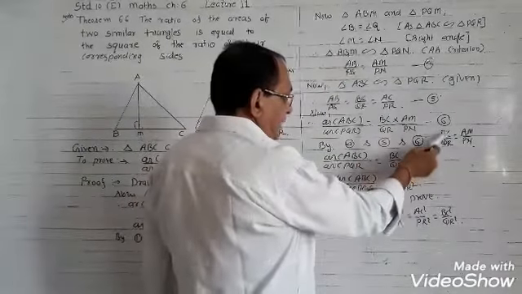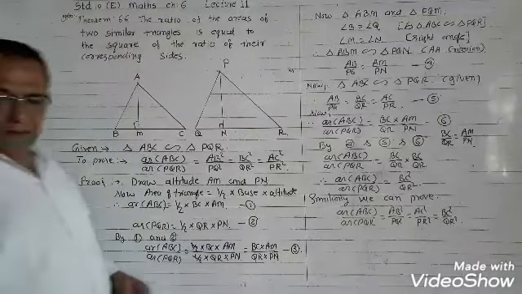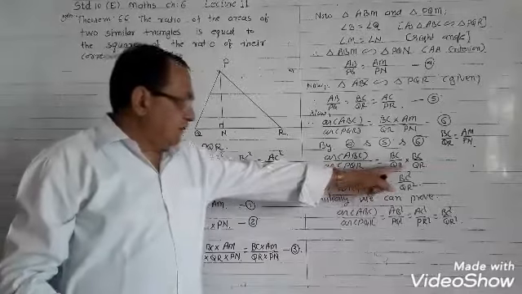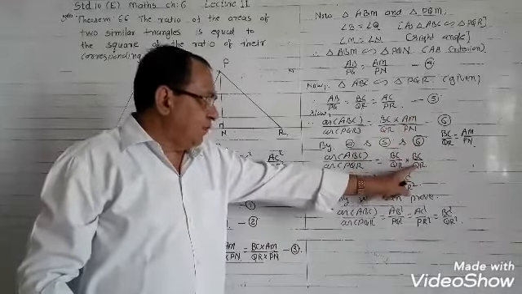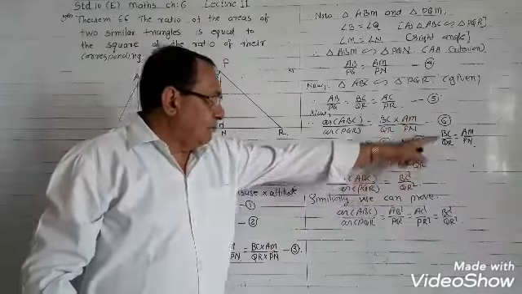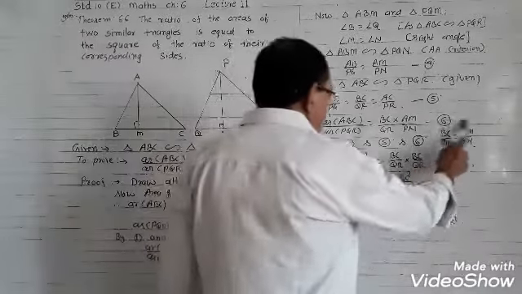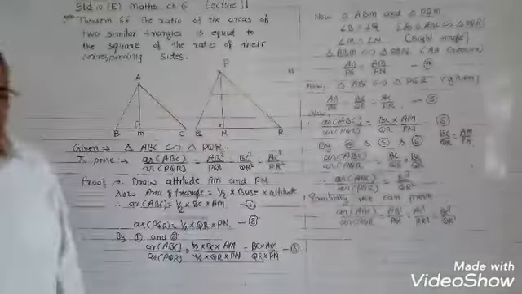AM upon PN is equal to BC upon QR, right? And after that step, you can write AM upon PN as BC upon QR. It is not necessary actually, right? Since you have written 4, 5, 6, you are fine.